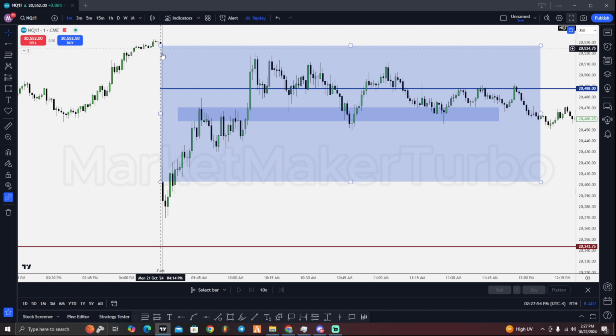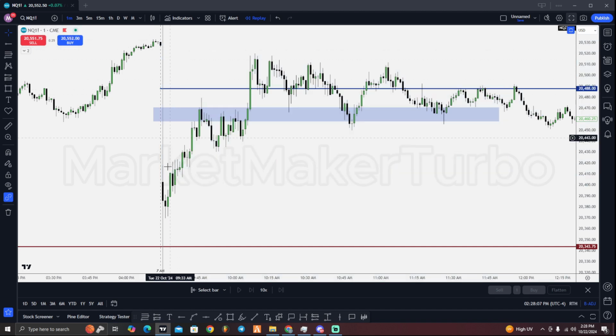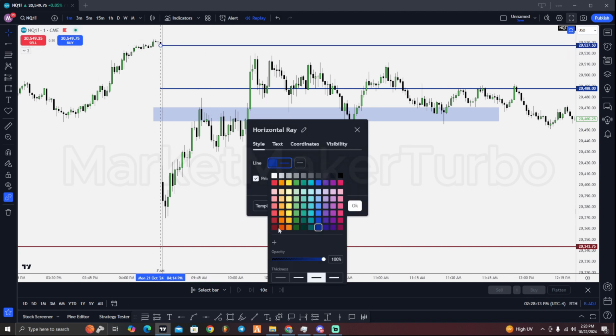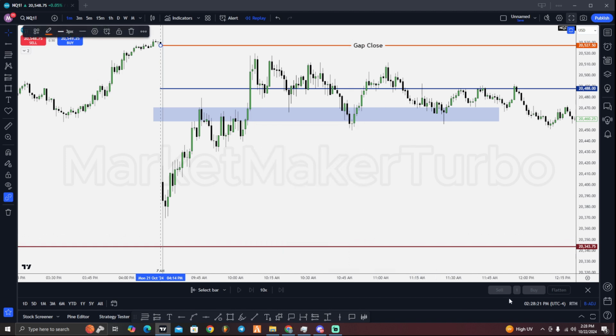As soon as I saw a gap lower, I knew it had to fill at least to 50%. So that's what this box came from, the 50. Then I got rid of this, and I put a yellow line here. This is gap close.